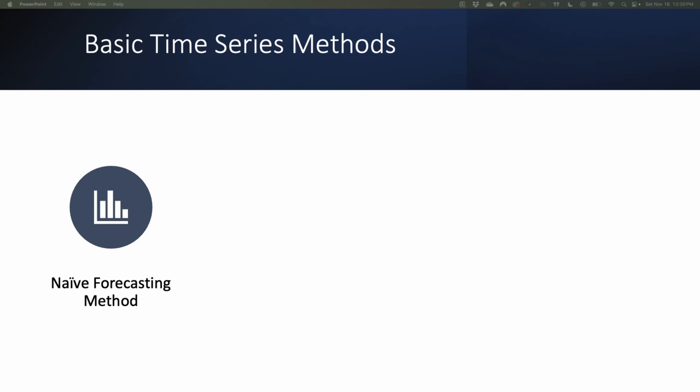What is naive forecasting, right? It basically assumes the most recent actual value is the best predictor for the next period, with no adjustments for trends or seasonality. So this method is like a beginner method.